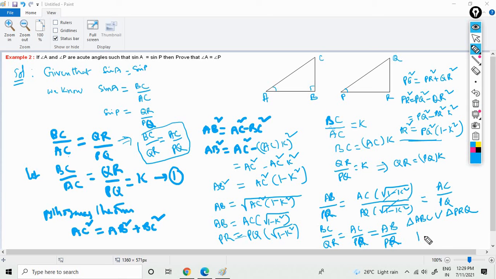So you will say angle A is equal to angle P, because both the triangles are similar, hence these angles are also equal. This is how you will prove that statement. Okay, so hope you understand. Just try to understand the Pythagoras concepts so that you will be able to resolve this problem easily.